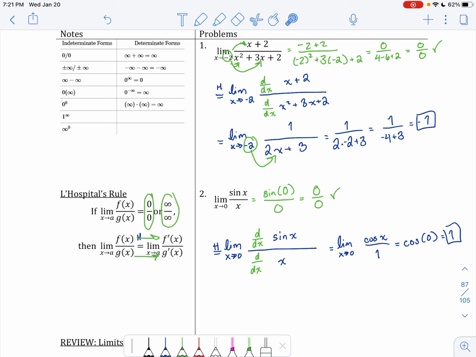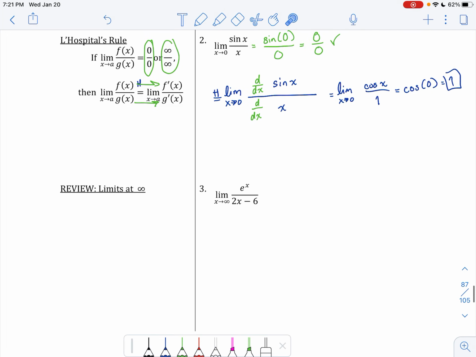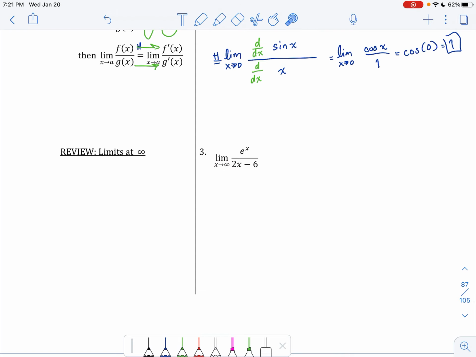Now, as you can imagine, because L'Hopital also has to do with infinity, you will also see some limits with infinity. So, rules about that, remember, most functions either go towards positive infinity because they're growing without bound, or they go down without bound, so they go towards negative infinity.